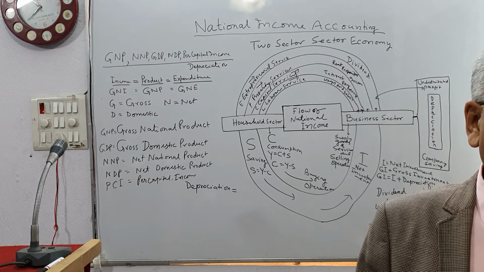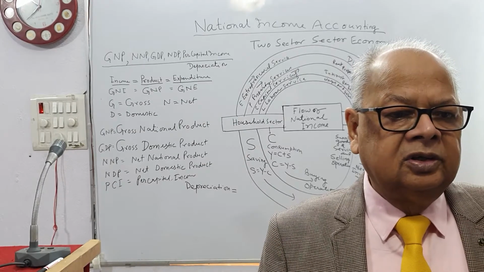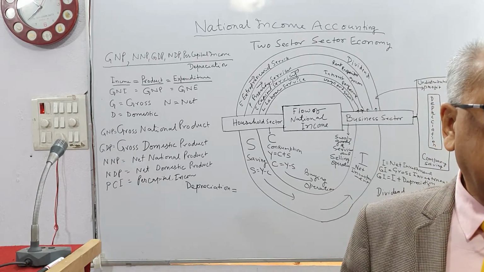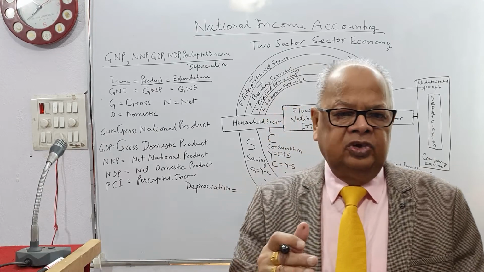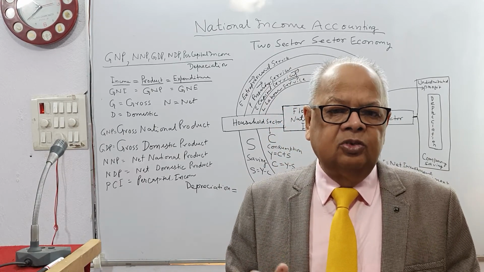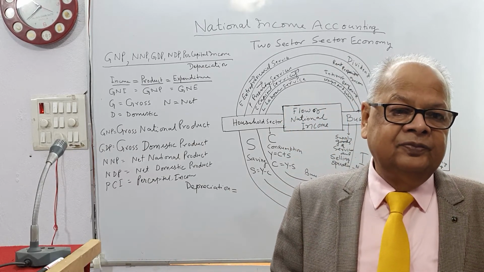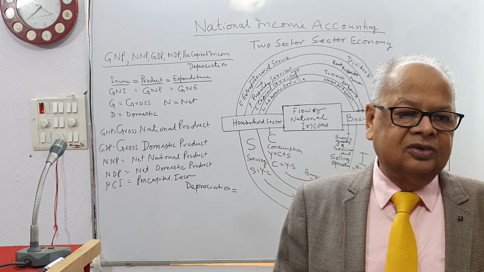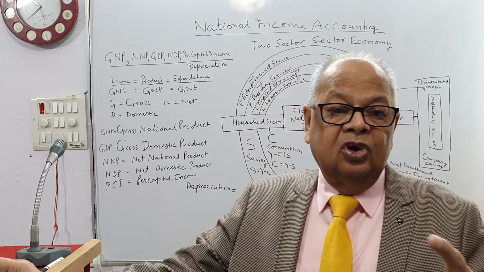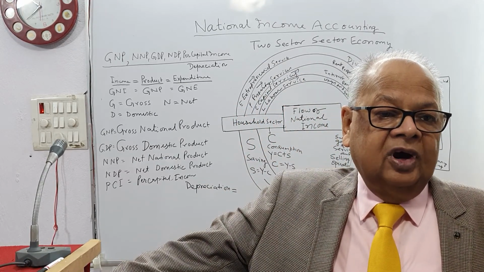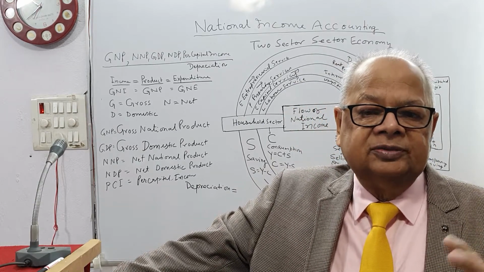And every year, that company will deposit some calculated amount in that fund. So that after 15 years, when the machine becomes outdated, and due to wear and tear is now not usable, you will sell it to the kabadi. Old commodities are taken by kabadi. Kabadi will give you some money and you withdraw from the depreciation fund, and then you will be in a position to buy a new machine.